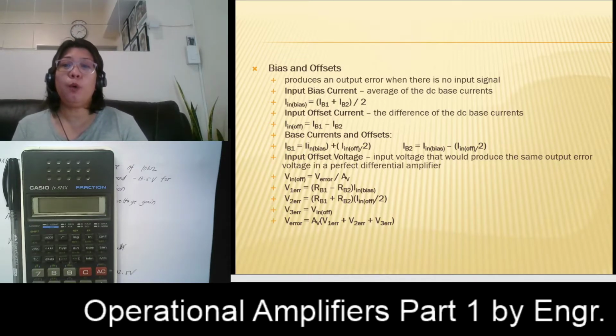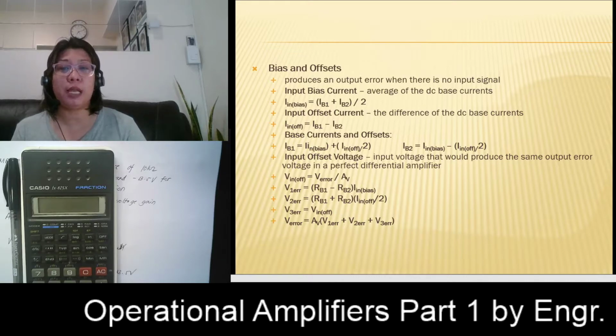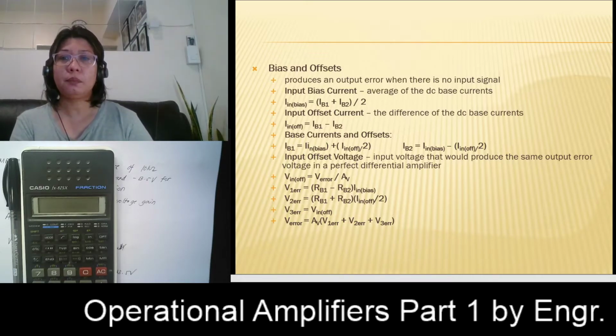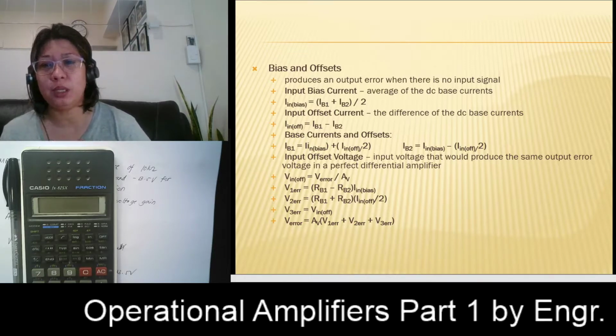Okay, so the input offset voltage is the input voltage that would produce the same output error voltage in a perfect differential amplifier. So your V in offset is equivalent to V error divided by your AV. There are three errors that we are going to consider.